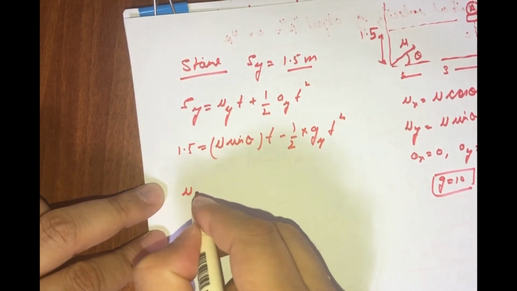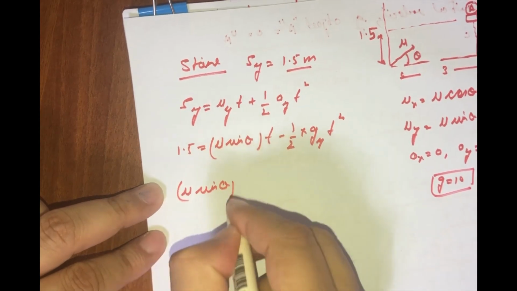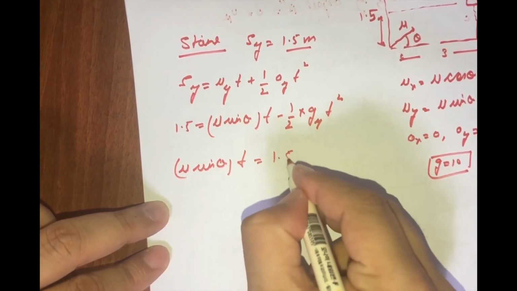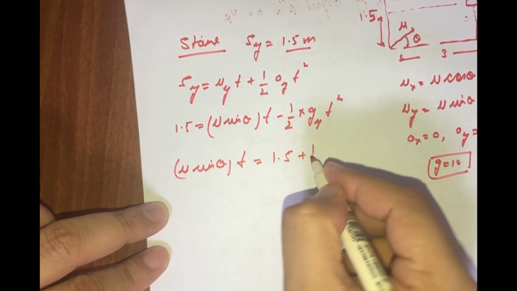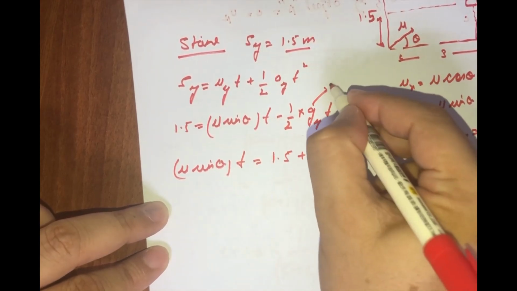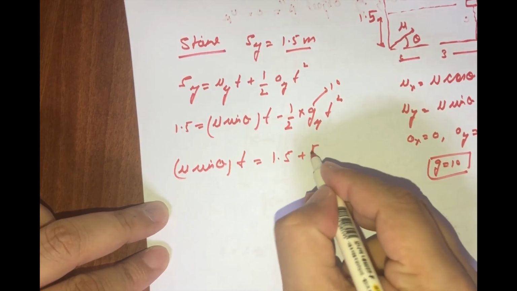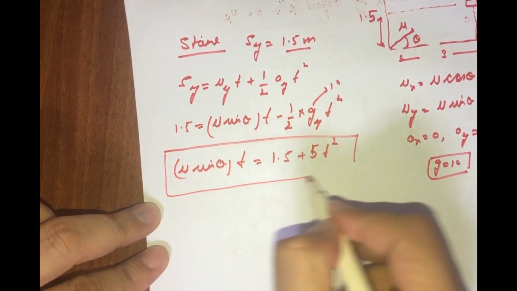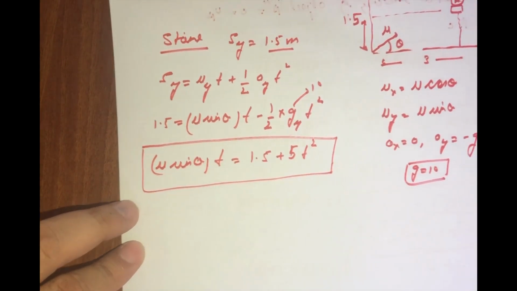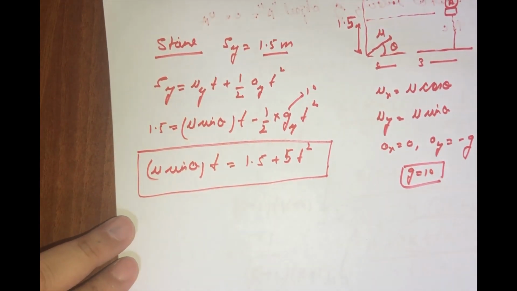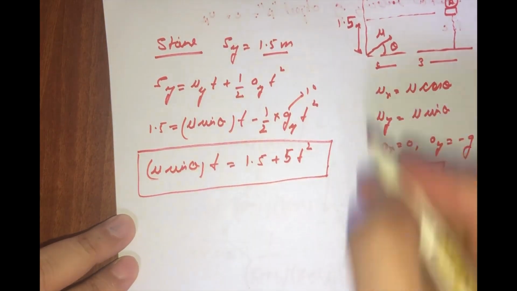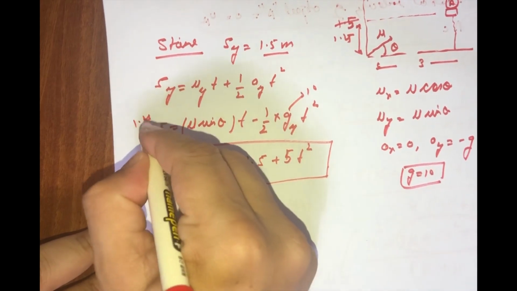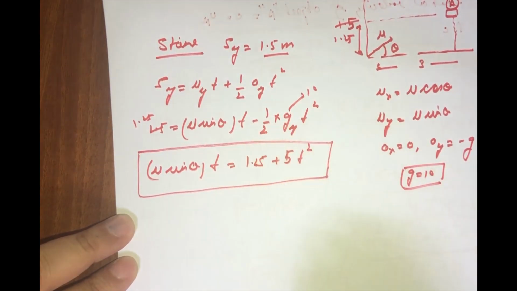This can be written as u sin theta multiplied by t is equal to 1.5 plus 5 t square. Sorry, it is given as 1.25, my mistake, and this will be 1.25.